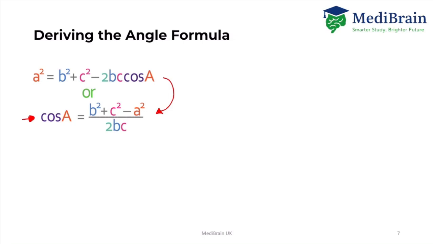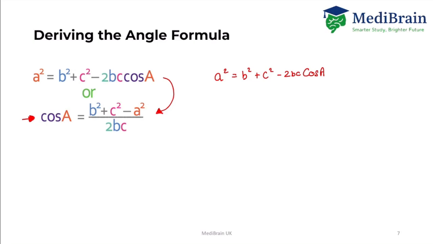This is literally just rearranged. We originally had a squared equals b squared plus c squared minus 2bc cos a as our formula. Now we can rearrange this formula to get the formula to calculate a missing angle.